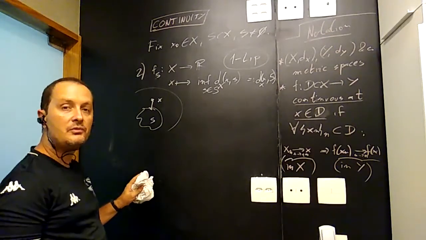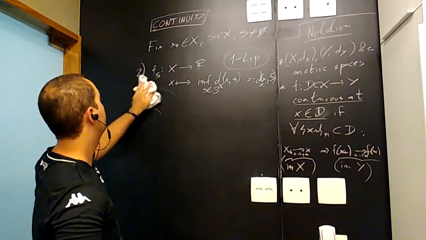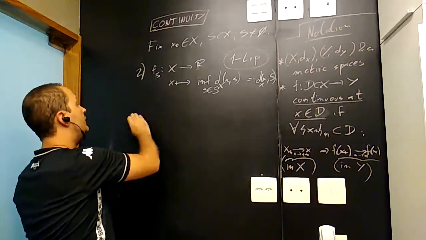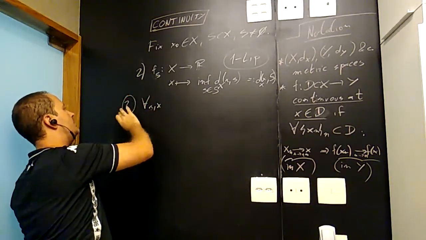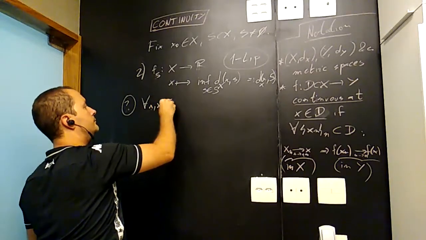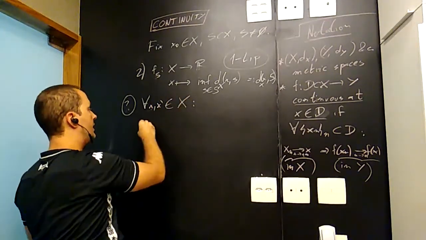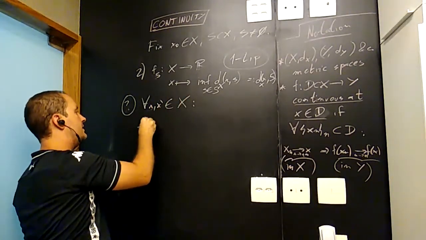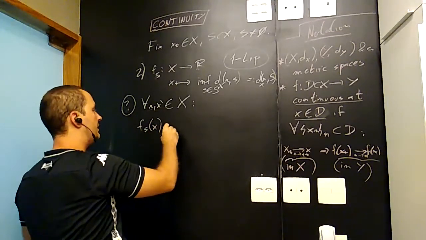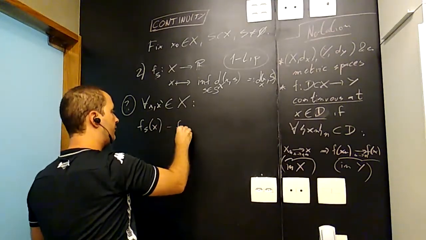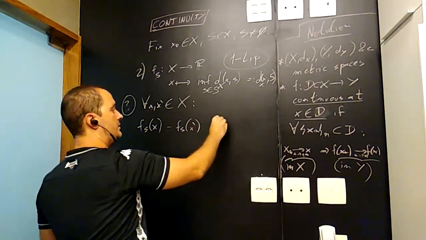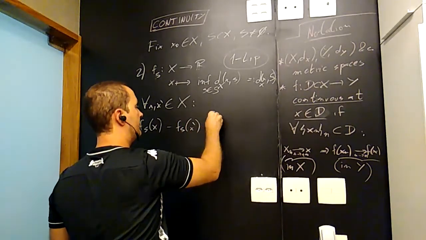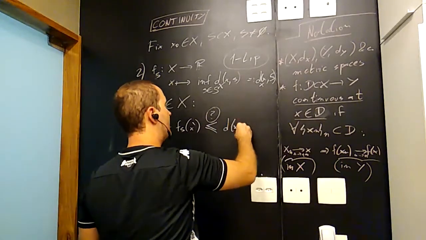So now how do you prove this function is Lipschitz, right? What we want to prove is that, right, that's what we want. Is it true that f sub S of x minus f sub S of x prime is less than the distance from x to x prime?